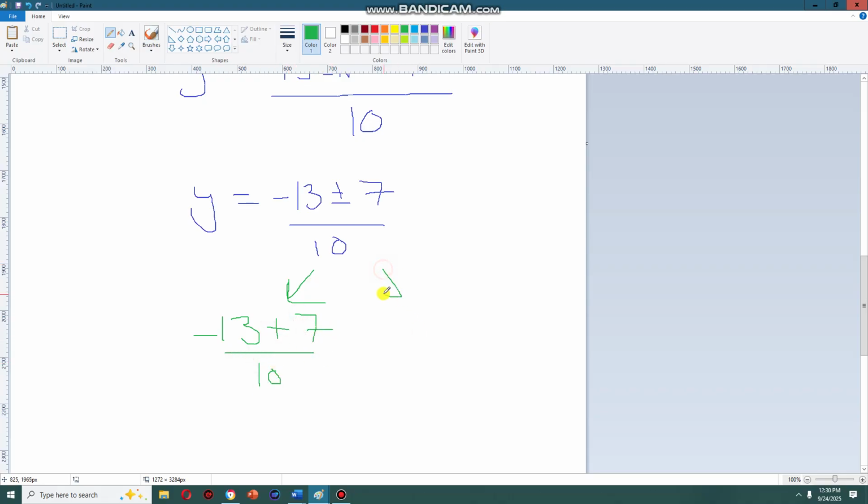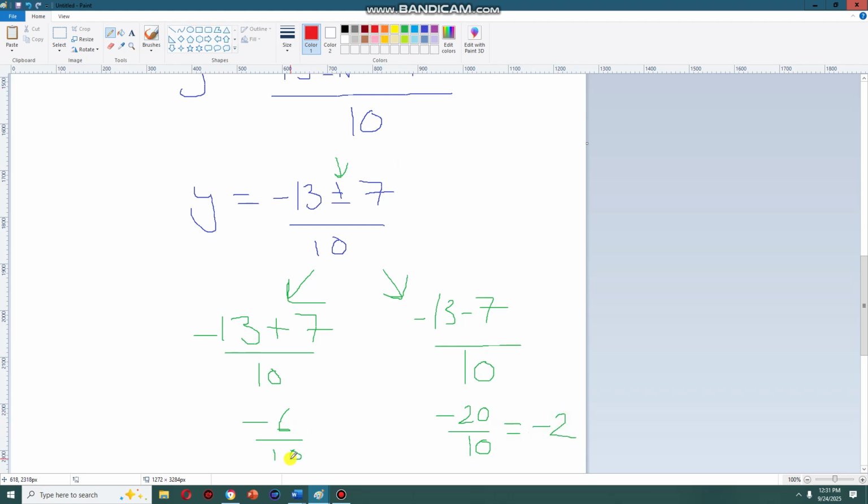And on this side I will do minus 13 minus 7 divided by 10. Okay? That's what the plus minus means right here. Minus 13 plus 7 is minus 6 divided by 10. And minus 13 minus 7 is minus 20 divided by 10. This is easy. Minus 20 divided by 10 is just minus 2.